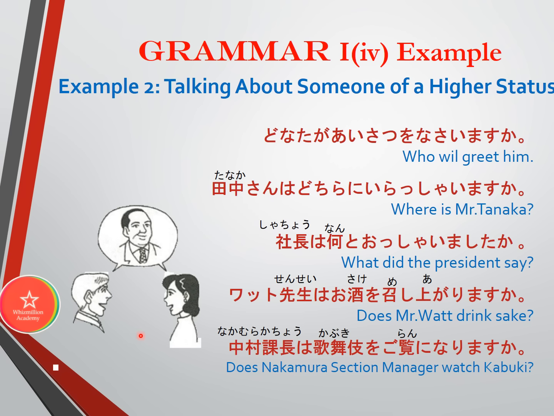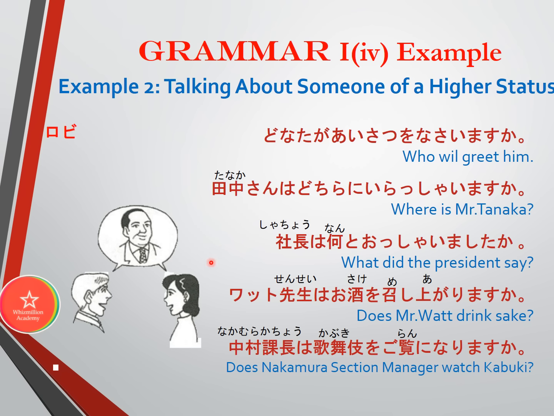Please note that in one of the conversations, Sato-san will reply with her opinion. Therefore, the verb turns into a futsuu form. 召し上がりません becomes 召し上がらないと思います。Question 1. Who will greet him? どなたが挨拶をなさいますか? 小林先生がなさいます。Mr. Kobayashi will greet him.